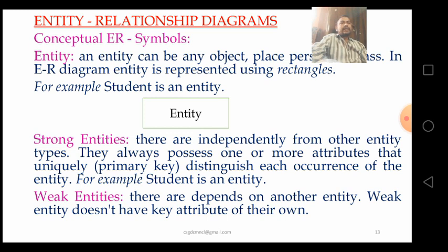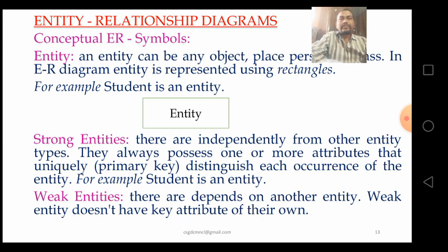Next, entity set. It is a set of entities of the same type that share the same properties. Entity instance means a single occurrence of an entity type. These are the basic concepts of entity relationship.